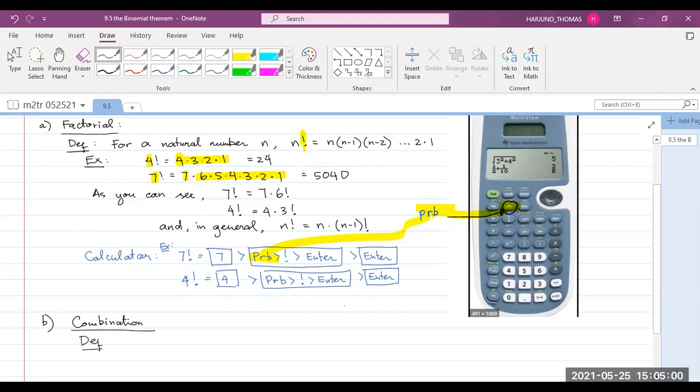Definition: for whole numbers n and r, parentheses, n on the top, r at the bottom, but no line.